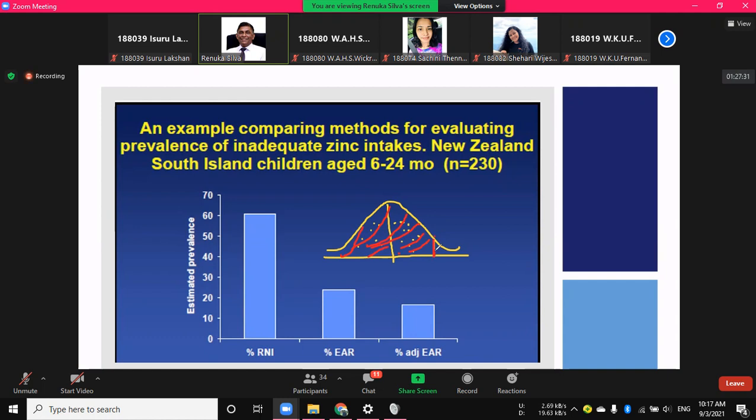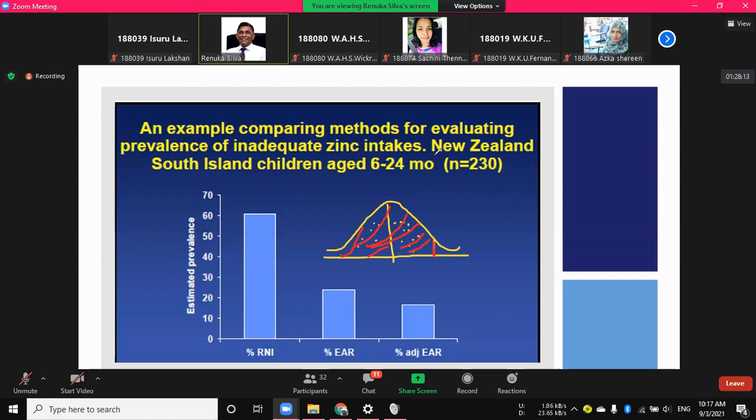That's the ideal situation. But in this population, only 60% reach the RDA, and only 20% reach the EAR. Now, usually 50% should reach the EAR. 50% in this graph. But in this population, the New Zealand children population, only 20% reach the EAR value. Only 20% reach the EAR.